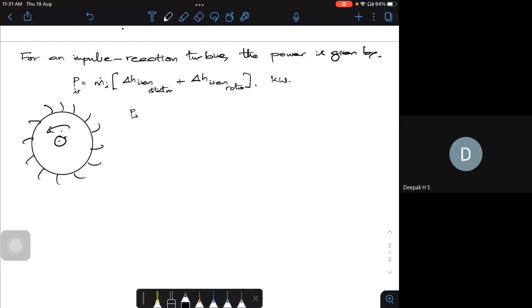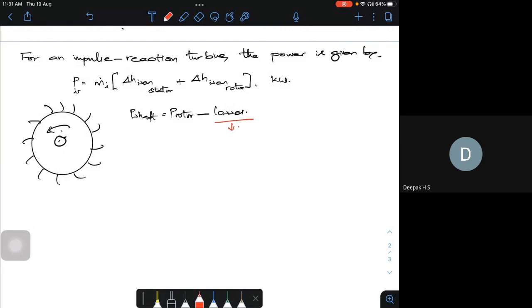The shaft power is equal to your rotor power minus the losses. So what are the different types of losses we can have? What are the different losses we may come across?